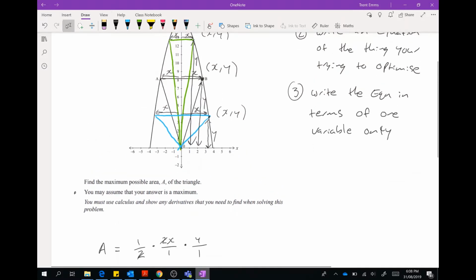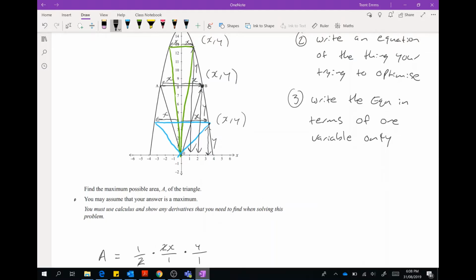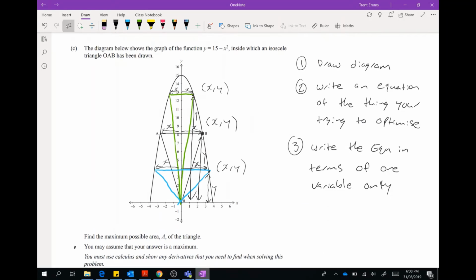So I need to know, like, if x was here, what the y value would be there, or if x was here, what would the y value be there. But luckily we've been given the equation of the graph, which tells us the x value for any y value, or the y value for any x value. So that's the equation we're going to use.